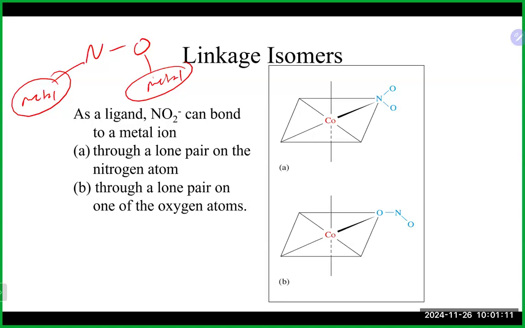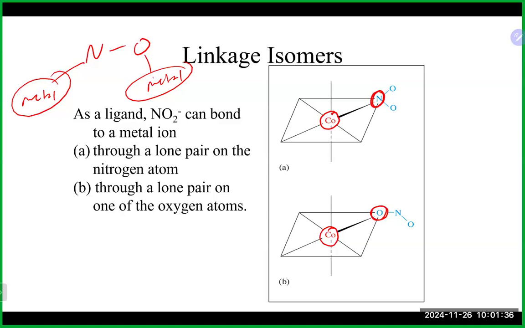Again, it's not going to do both at once here, but it has the option of both the nitrogen and the oxygen to attach. So in the top case here to our cobalt in the middle, the attachment point on our NO2 minus is actually through the nitrogen. And we could easily as well have that attachment point through one of the oxygens in the case here.